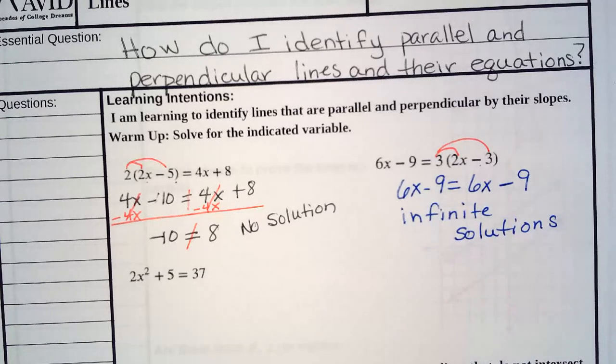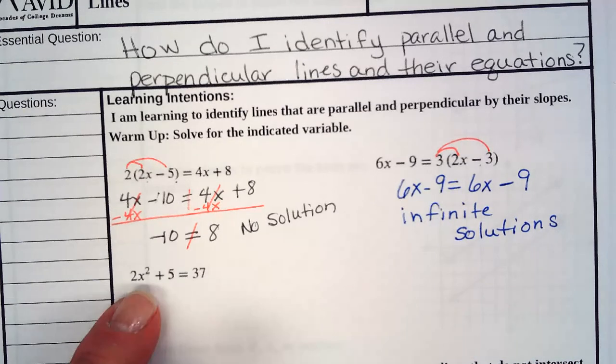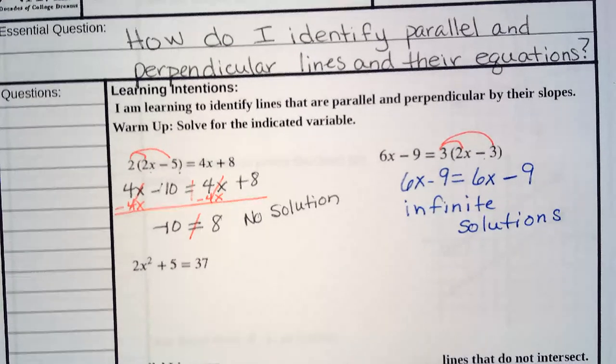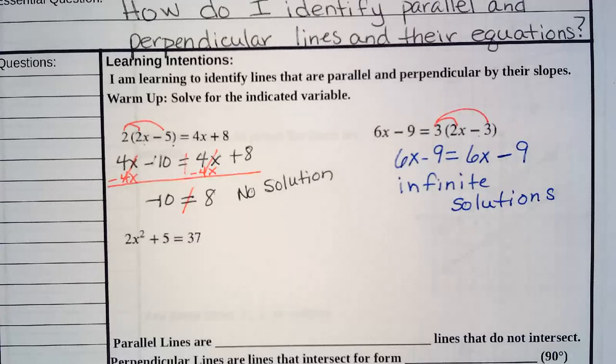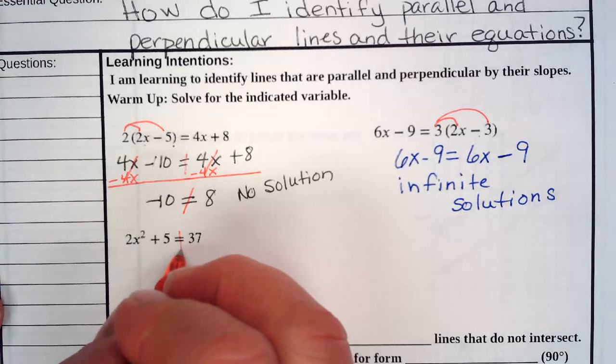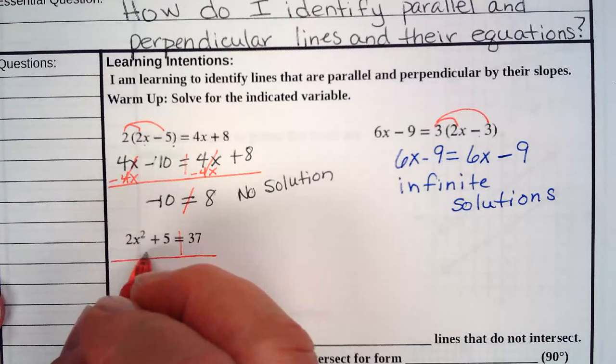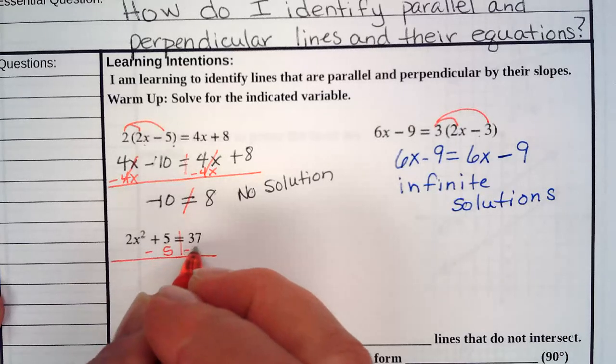And finally, we're looking at x squared. But before we can solve, what do we have to do? We have to isolate the x squared terms. So I start by subtracting 5 from both sides.